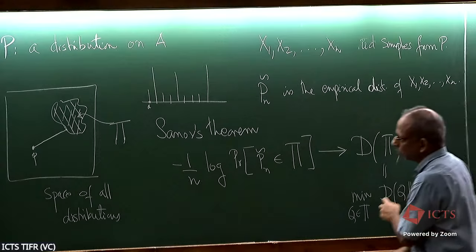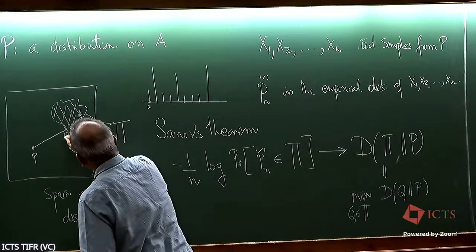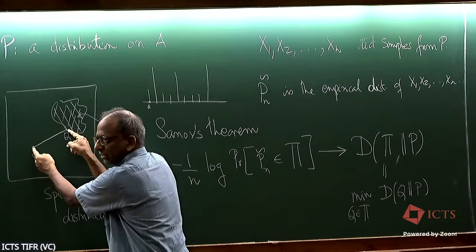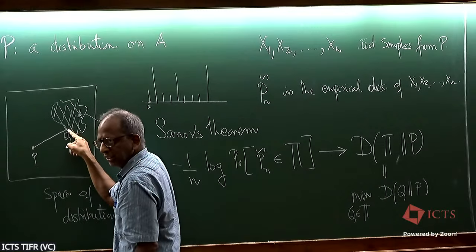Choose the Q for which this divergence between Q and P is the smallest, okay?